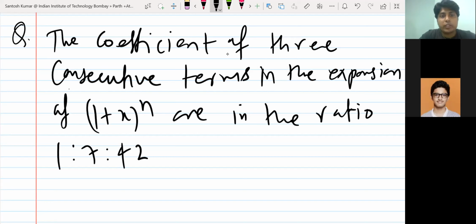So three terms, coefficients of three consecutive terms are in the ratio 1:7:42. Find the value of n.